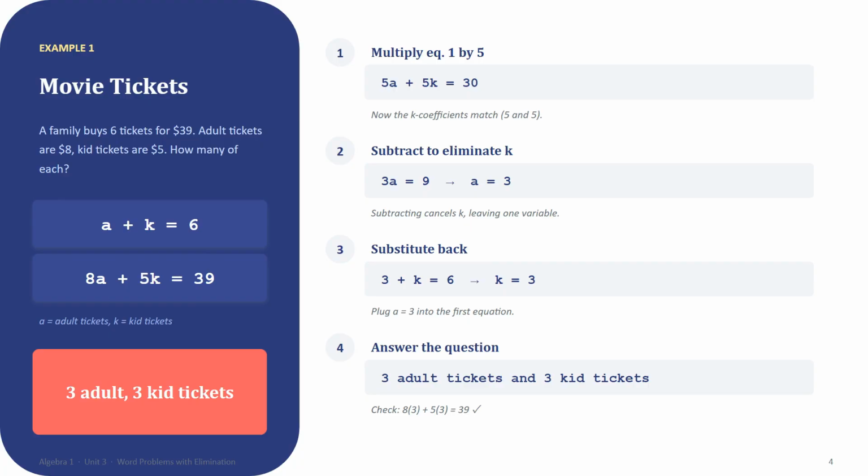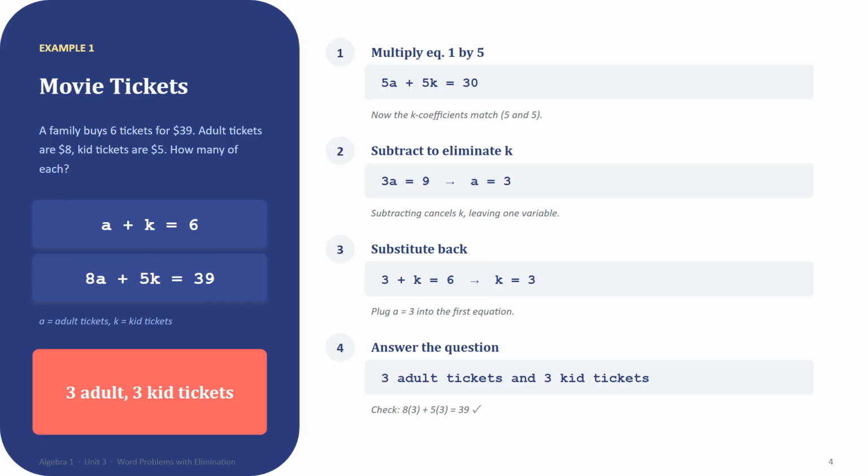So 6 will be the answer, and it is A plus K, because how many tickets are adult and how many tickets are child. Then in the second equation, we add the numerical values in front of it. Because adult tickets are $8, it will go in front of A. And because kids tickets are $5, it will go in front of K. And 8A plus 5K is 39.